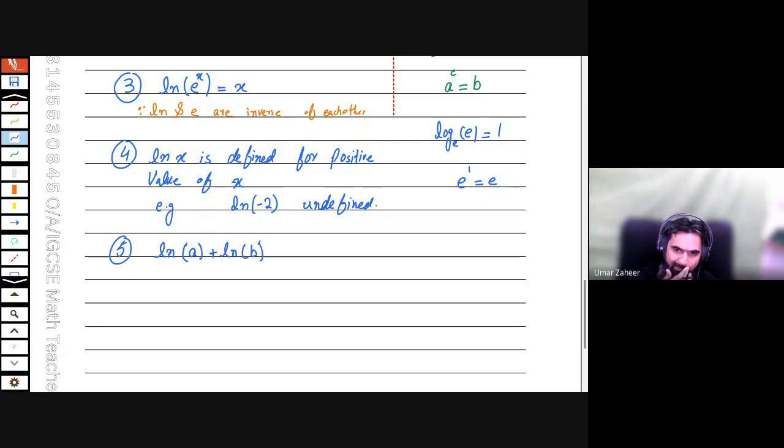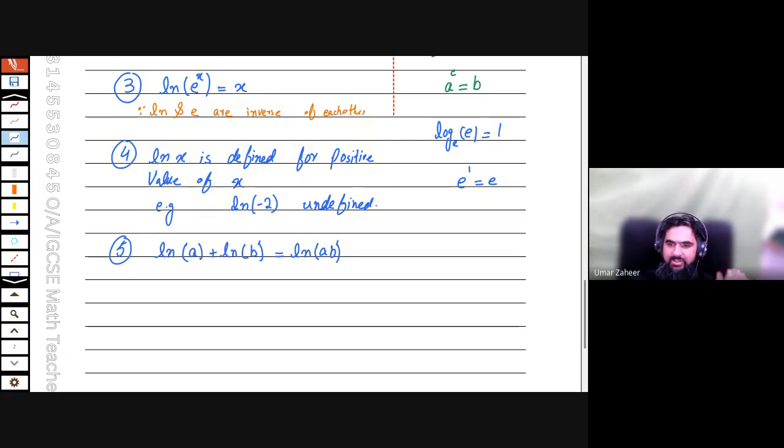It is not only for natural log, it is for any other type of log as well. If you have two logs and they are adding, so you can write these values in the form of multiplication. You are converting the two logs into a single log.